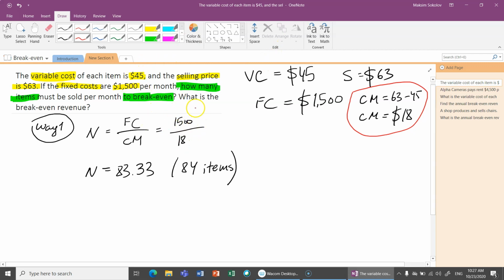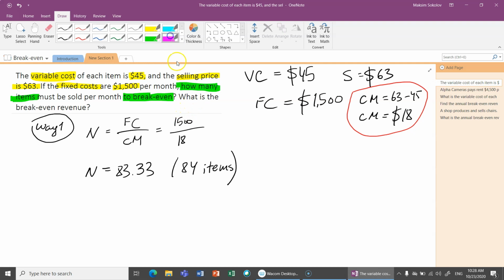And this relationship here exactly shows that 18 fits into 1500 83.33 times, and we rounded up to 84 items. So when we sell 84 items, we pay off that fixed cost, $1,500.